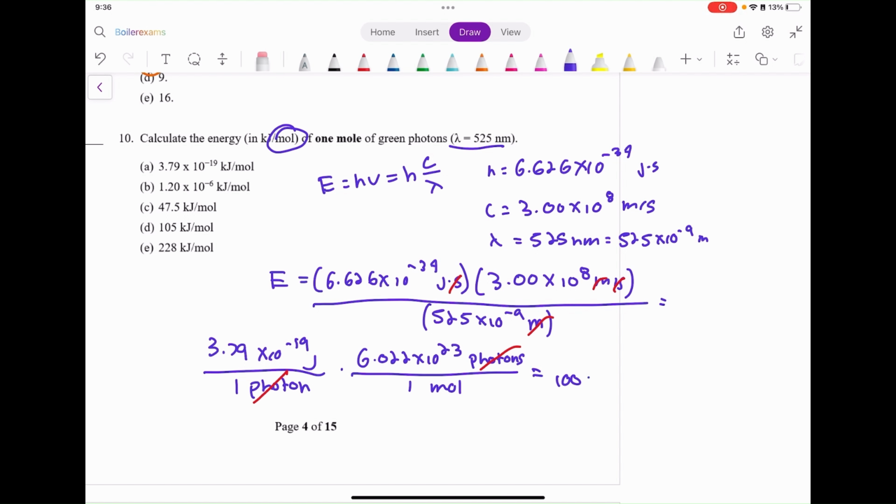So 1,000 joules, this should be multiplied. There's 1,000 joules in 1 kilojoule. Okay, now my units are going to be kilojoules per mole. So we take that number from before, times Avogadro's number, divided by 1,000. I get 228.01, which is E, 10E.